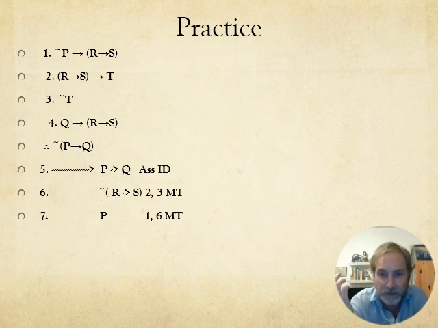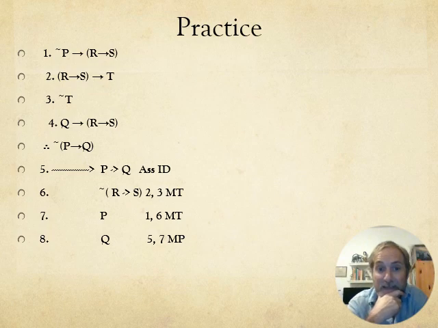All right, I don't see any contradictions yet. I do see that line 5 and 7, I can do a modus ponens now, right? So that'll give me q. Still don't have any contradictions. But guess what? Line 4 and line 6, I could do a modus tollens, right?